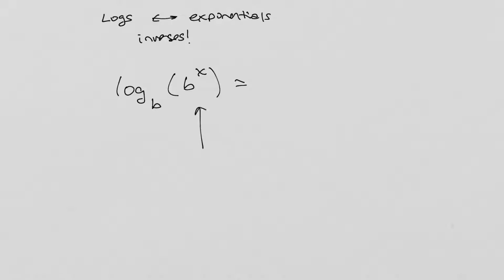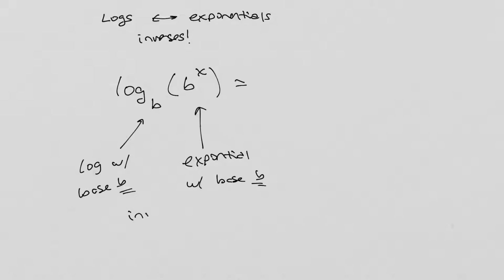Right? This is an exponential function with base b. This is a logarithmic function with base b. Since those two bases are the same thing, these are inverses of each other. So that means they just undo each other. So this should wind up just giving me an x right back.